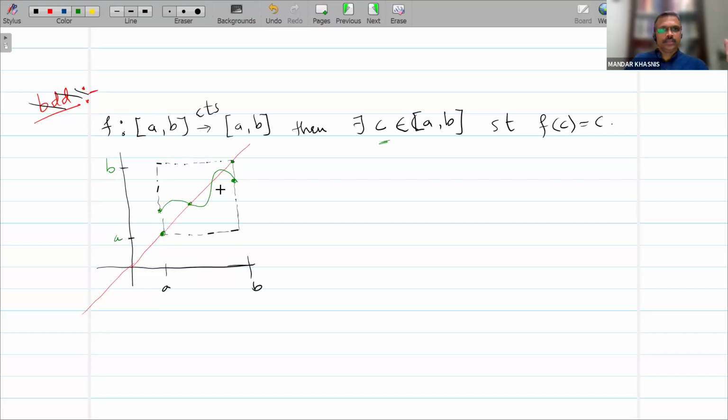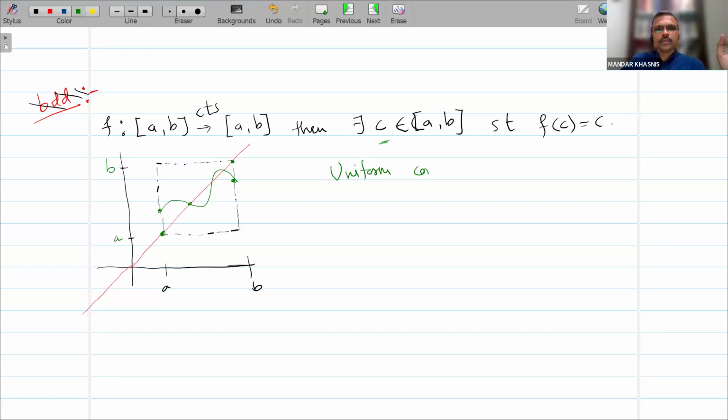Like that, you can ask questions. Suppose it is not an interval but a union of two intervals, will the result hold? This is how one can actually learn more about the behavior of continuity. Fine, so this is a small point. Moving ahead to the last part, I want to talk about uniform continuity.